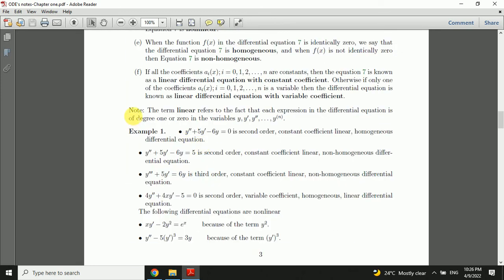Now we have a note here which says that the term linear refers to the fact that each expression in the differential equation is of degree 1 or 0 in the variables y, y prime, and so on. So how easily can you tell a linear differential equation?